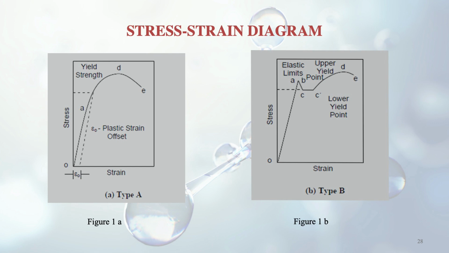After that point you can see the strain is increasing but the stress is not increasing that much. At the highest point the strain is going on increasing but the stress has become constant, and at the fracture point you can see that stress has come down.